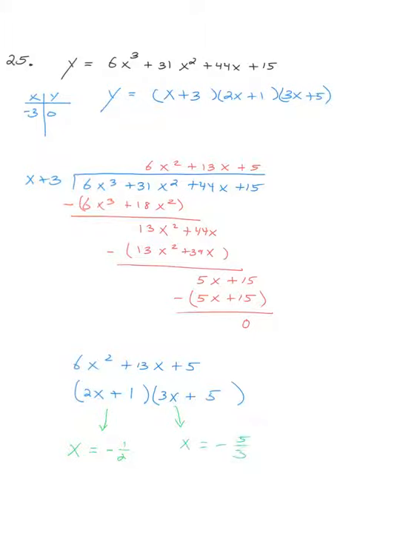Again, where this is coming from, this makes the numerator and this makes the denominator. I'm going to type these both into my calculator and hopefully I'll get 0 back for both of these values. Let's see. -1/2 tells me 0. Perfect. -5/3 also says 0. Okay, I'm convinced that I factored this thing correctly.